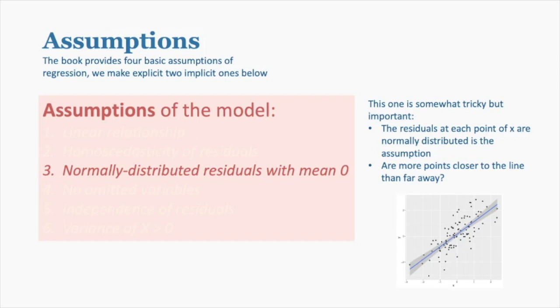So if I go to x equals 0, the points should be roughly normally distributed according to y. One way to think about this is, are more points closer to the line than far away? Because that's what we would expect with a normal distribution, is that more points are closer to the middle than there are far away. But this is really hard to visualize just by looking at a scatter plot.